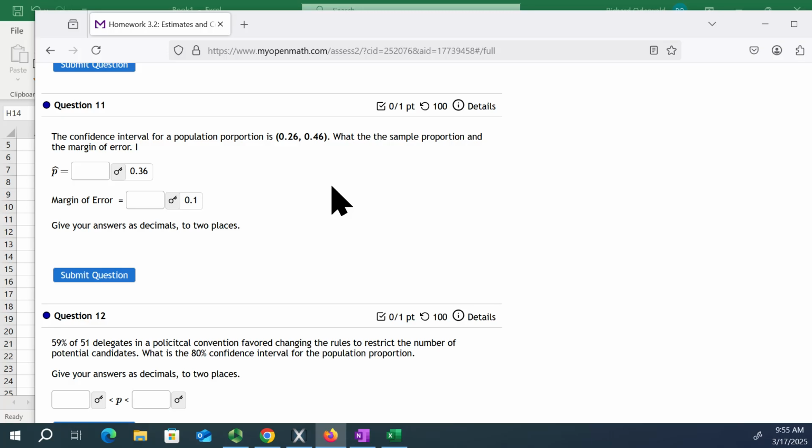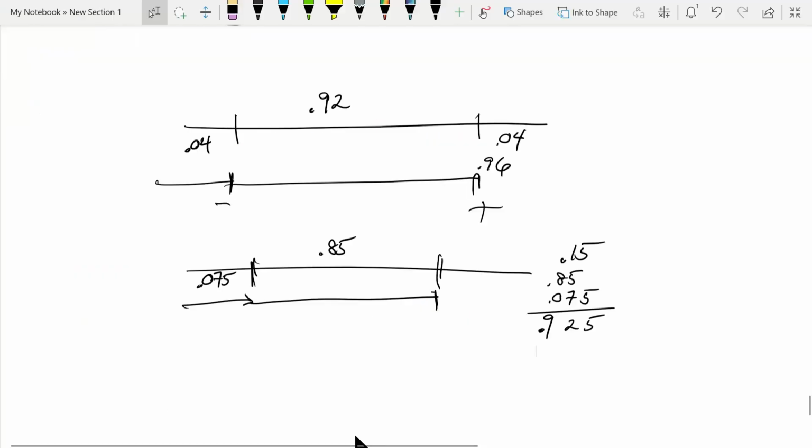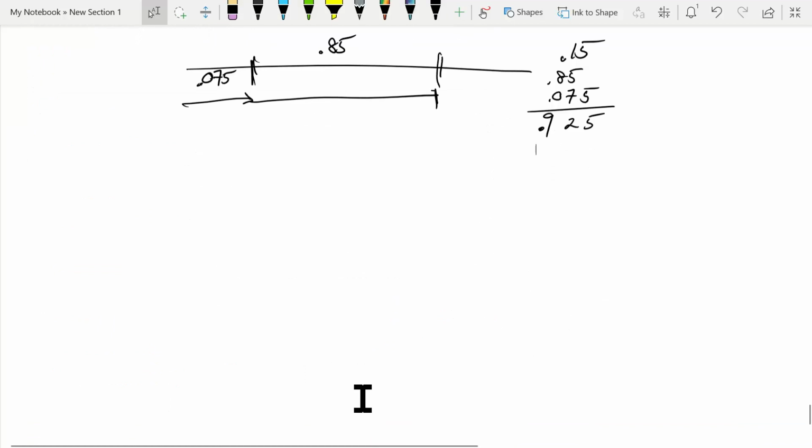And it's 0.1 up and down. What is the sample size? I got 0.36 and a margin of error of 0.1. 0.36 plus and minus 0.1.